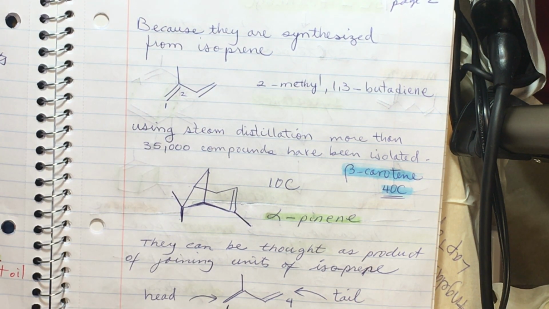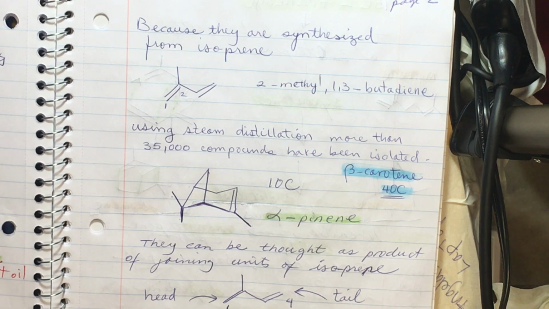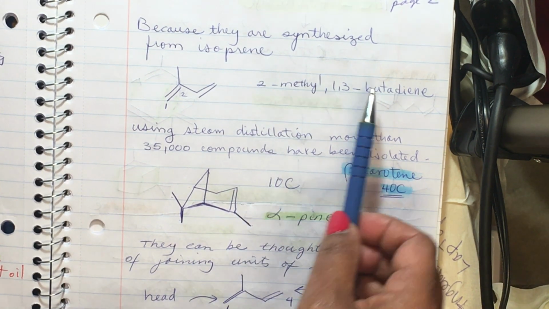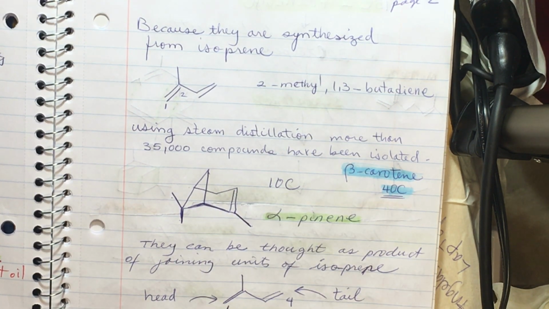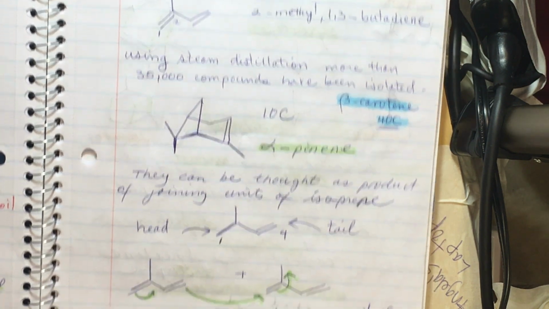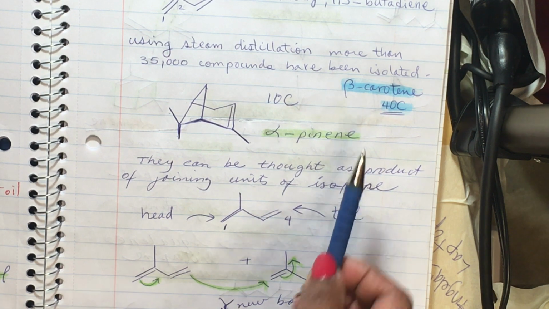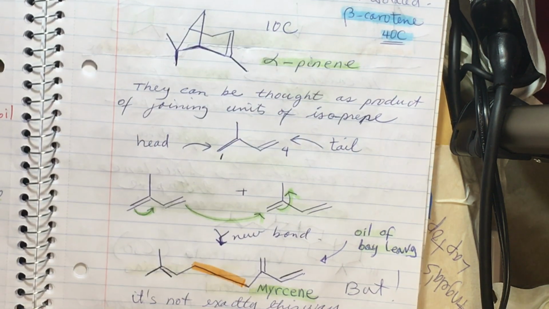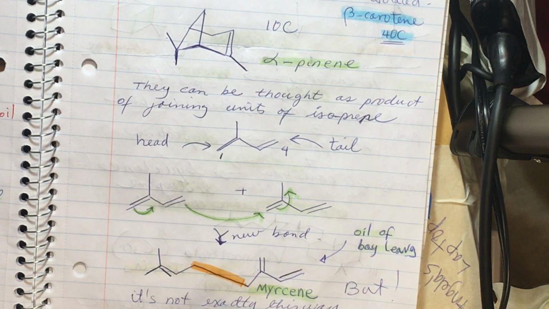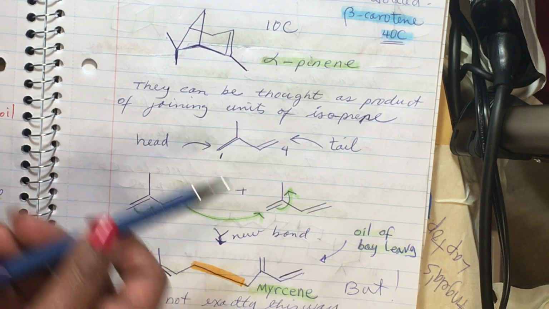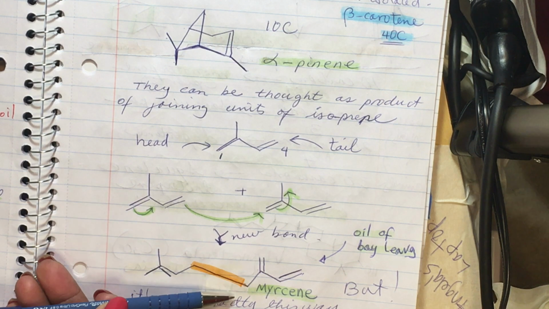Can be considered like joining the two molecules. This is 2-methyl-1,3-butadiene that by combination we can create, for example, alpha-pinene. If we look at it as just a simple combination, we can create 2 different substances with the same number of carbons.